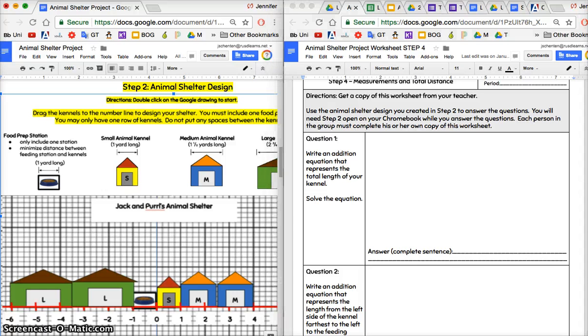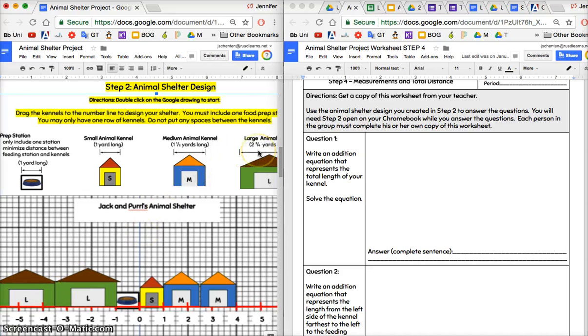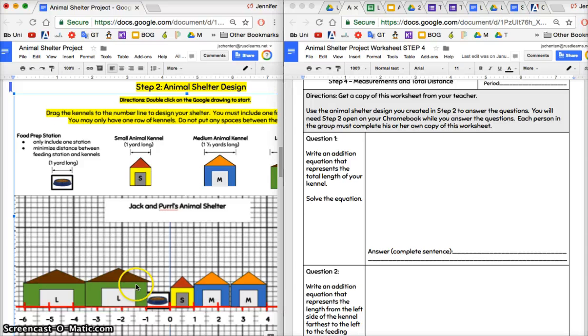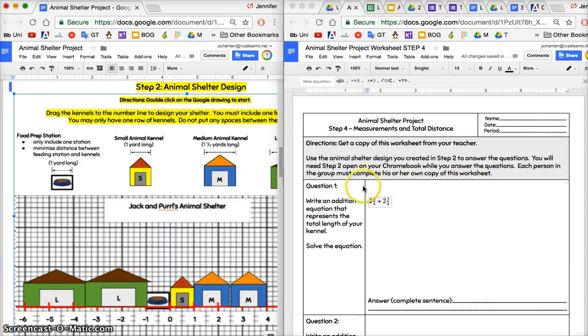There are a couple of ways you could do this. The way that I'm going to demonstrate uses the length of each of the kennels. So if you look at the large kennel and look back up here, a large kennel is 2 3/4 yards long. And you have 2 of them here. So the start of your equation would look like this. For each kennel, it's 2 3/4 yards long.